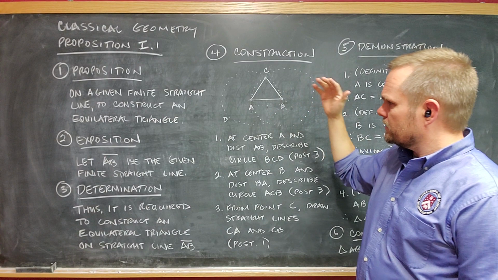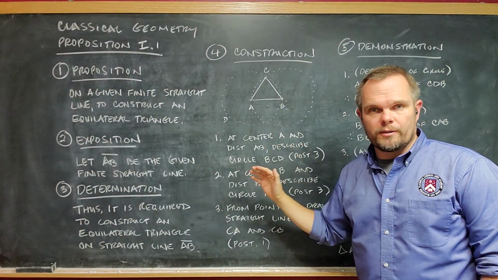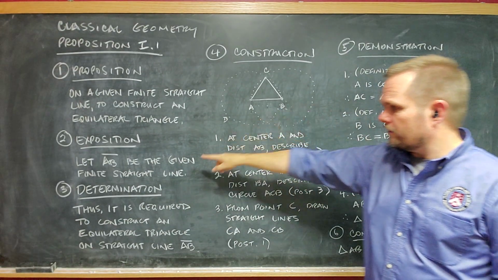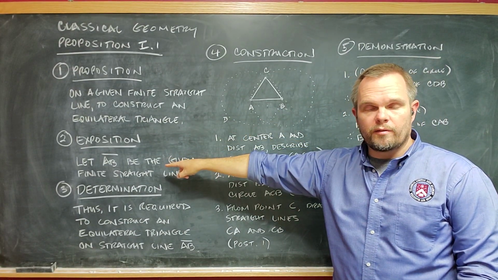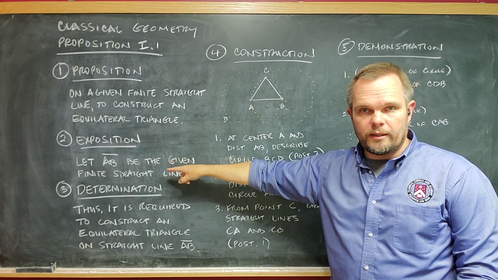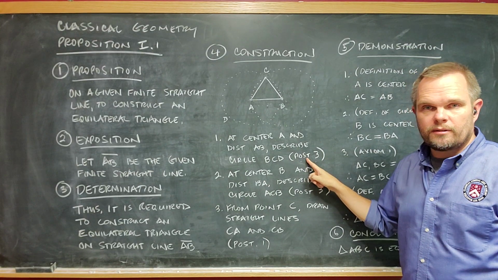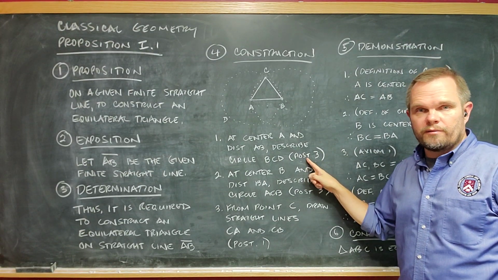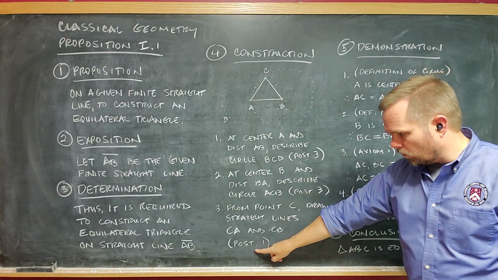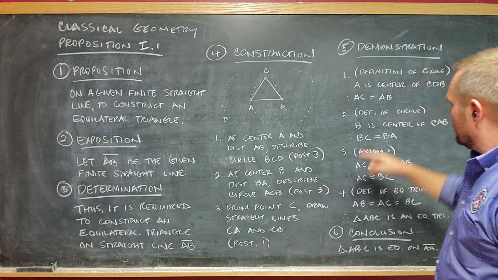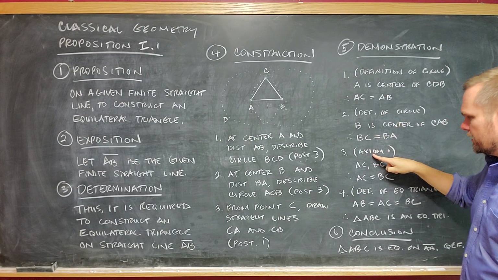Every single step that we've done in this proposition has been either given to us in the proposition, we were given the finite straight line AB, or it was granted to us in the postulates, the elements of geometry. We have postulate 3 and postulate 1, which we used. We've used definitions, and we used an axiom.